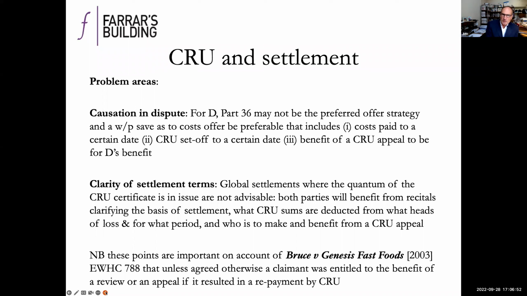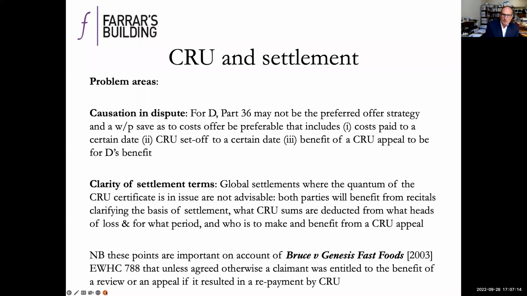And in those circumstances, if one's going to be making offers to settle which involve CRU, then you're going to need to pursue a more nuanced approach in order to achieve a sensible outcome in the light of the way in which the case is put.